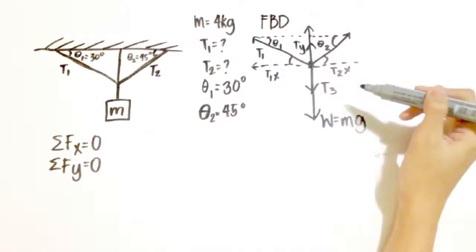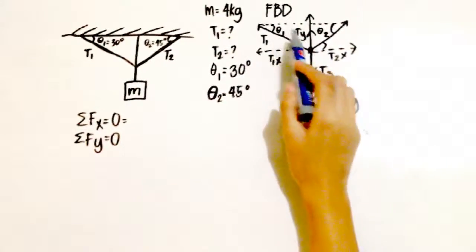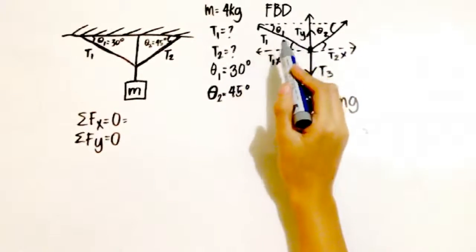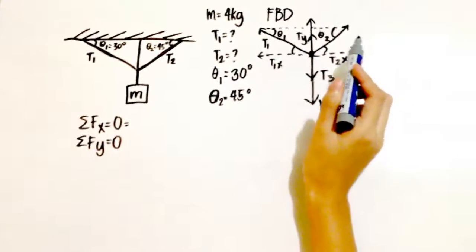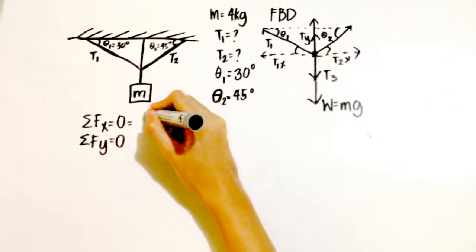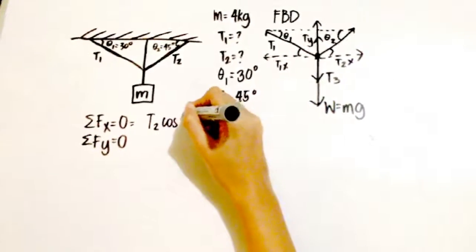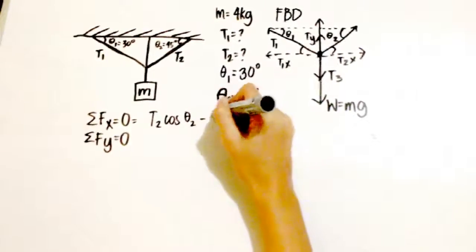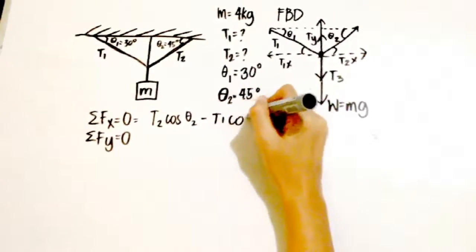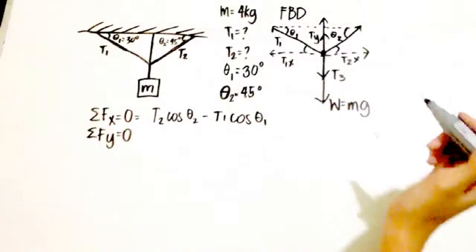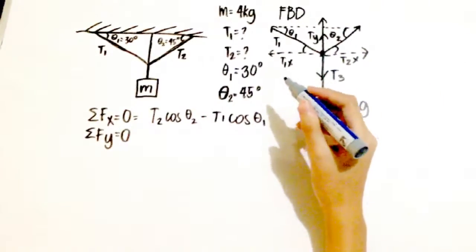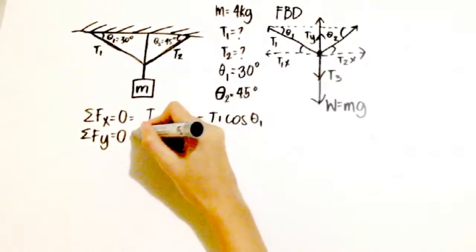So let's proceed on the equation. On the x direction, there is only two components, T1 in the x negative direction and T2 in the x positive right direction. So for the first equation, T2 times cosine of theta 2 minus T1 cosine theta 1 equals 0.